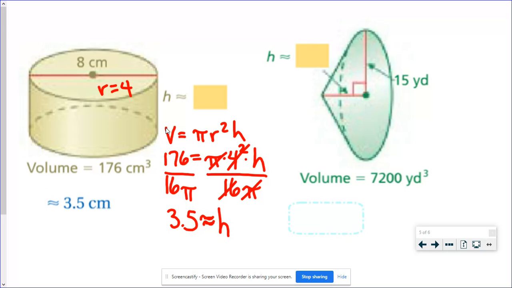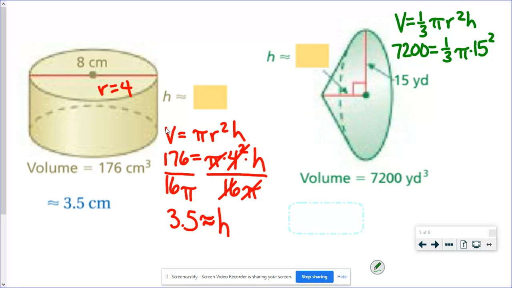And we've got one more that's a cone. I know the radius, I don't know the height again, but I know the volume. So we're going to have that volume equals 1/3 pi r squared h. So 7,200 equals 1/3 pi 15 squared, and I'm looking for the height. Okay, 15 squared, if you don't know that number, we will be memorizing that number later.